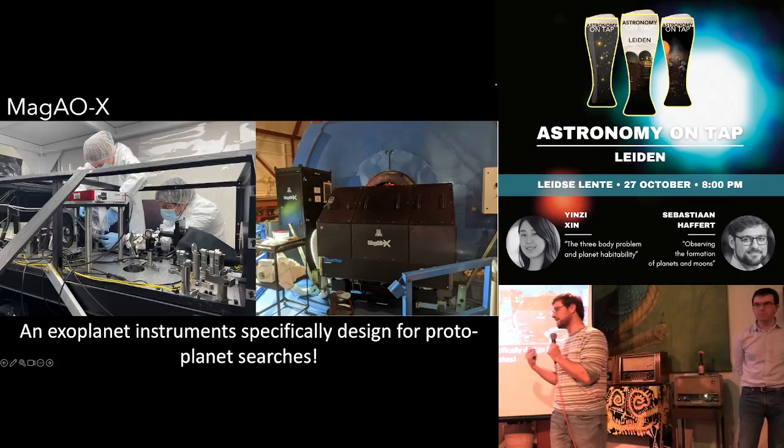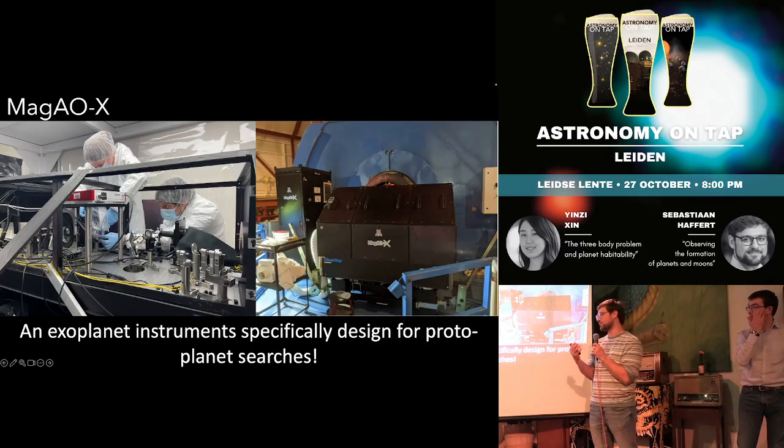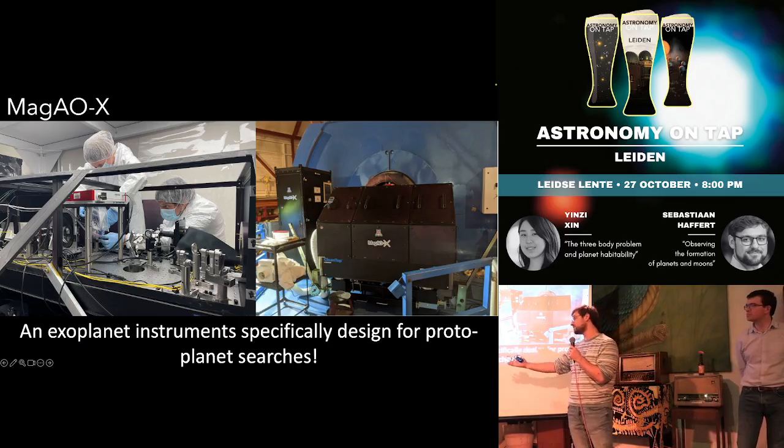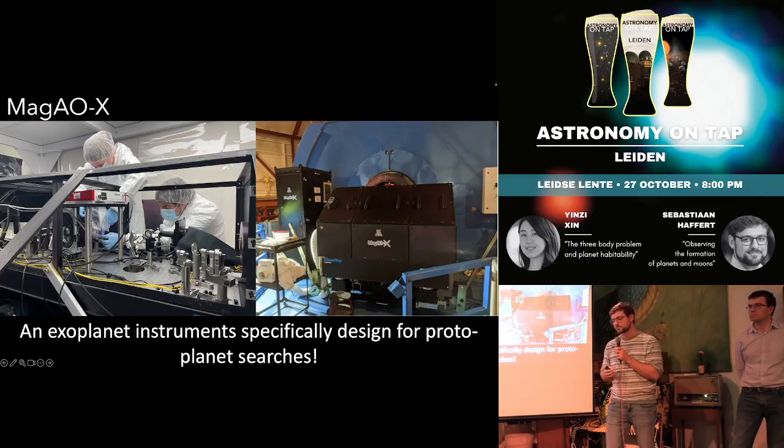Well, it's all in the adaptive optics. All the other instruments are made in such a way that the adaptive optics works well at infrared wavelengths, so at longer wavelengths, while this hydrogen gas signal occurs at shorter wavelengths, at optical wavelengths. And the shorter the wavelength, the more difficult it is to have a high-performance system.